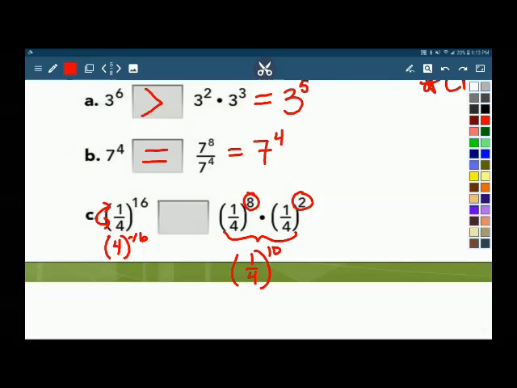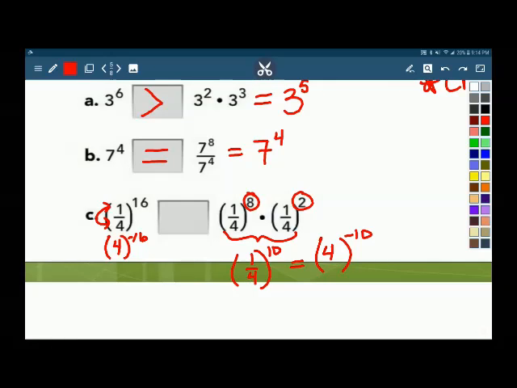And now again, I'm going to do the same thing that I did over here on the left side. I'm going to say that this is equal to, if I reciprocate to 4/1 now, or just write 4, instead of to the positive 10, it would be to the negative 10. So now what I'm comparing is a base of 4, and I'm comparing a negative 16 to a negative 10. When we deal with negative numbers, the bigger the negative number, the smaller the number actually is.